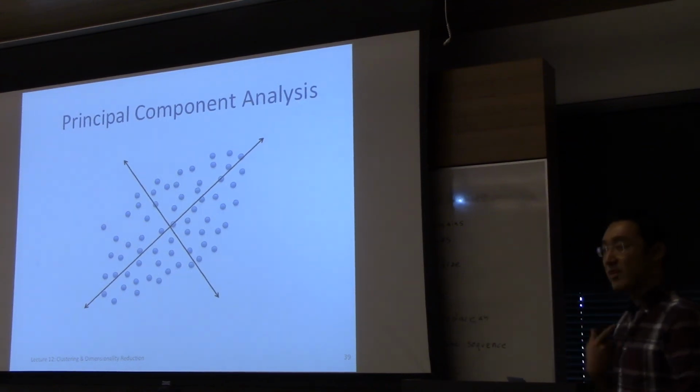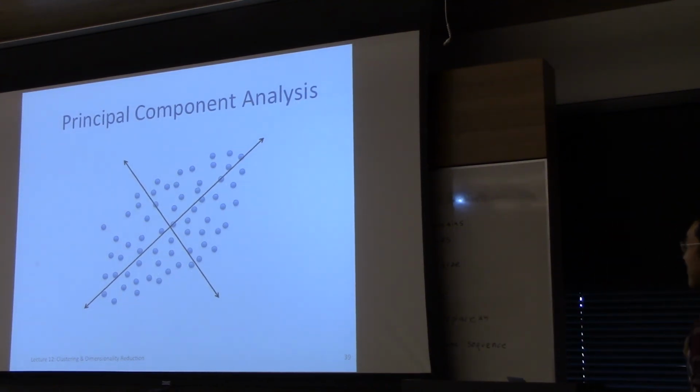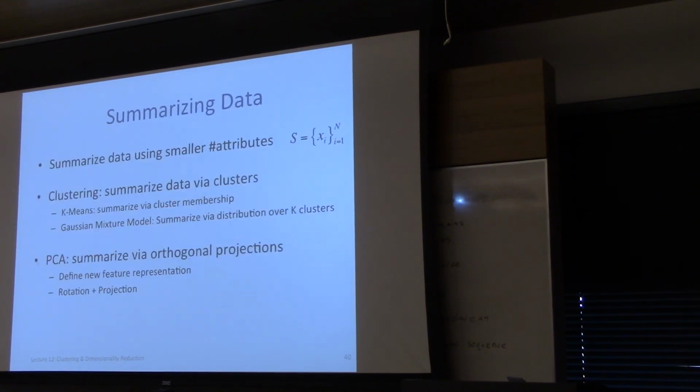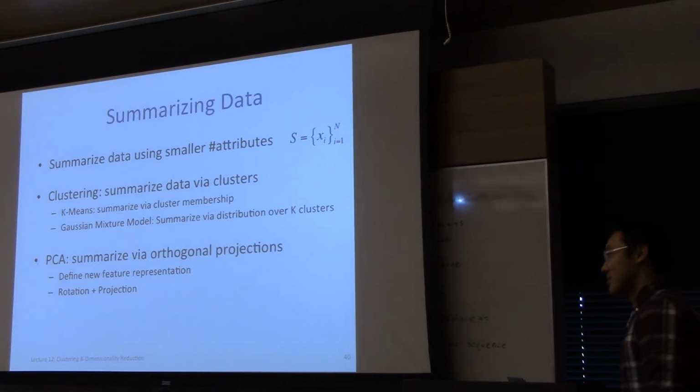It's also an unsupervised learning algorithm. I mean, it predates machine learning by a long time, but machine learning has unabashedly adopted it as an unsupervised learning algorithm. So here's how it works. The idea of principal component analysis is that instead of summarizing data using a small number of cluster centers, we summarize data using a smaller number of features directly.